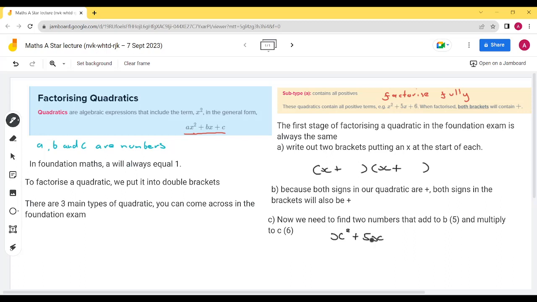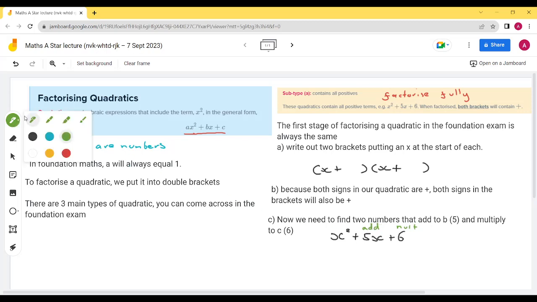And our final term is always the result of multiplying the last two terms. So it's multiply for this and add for this.